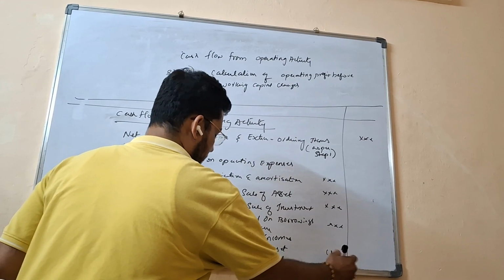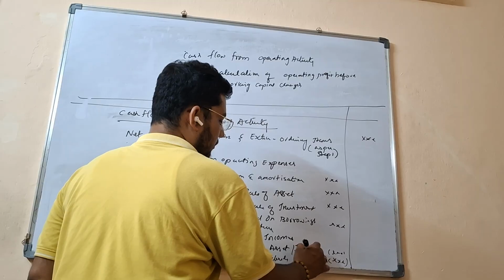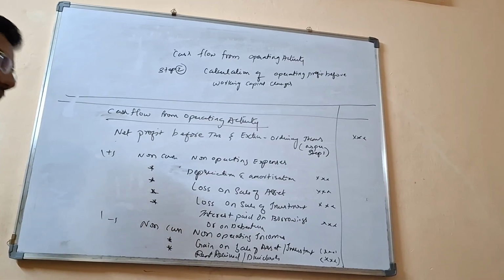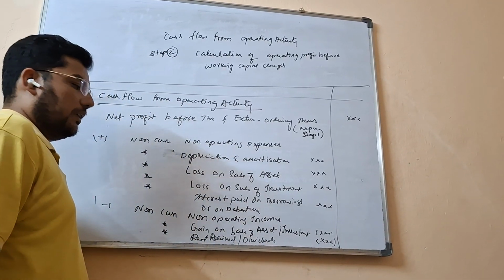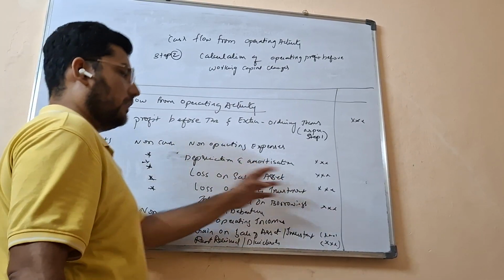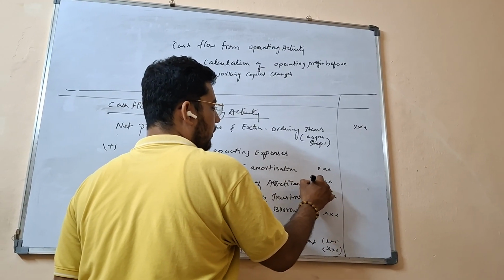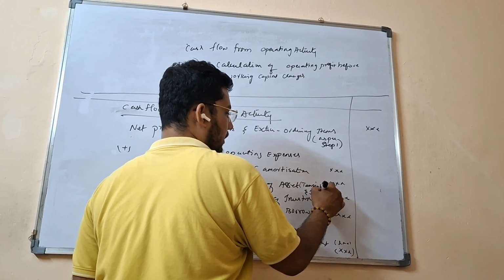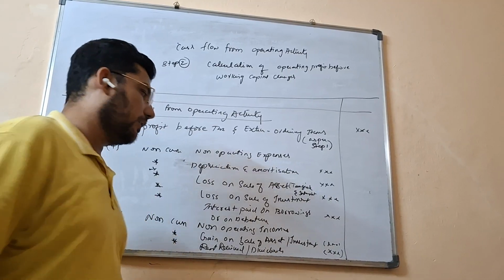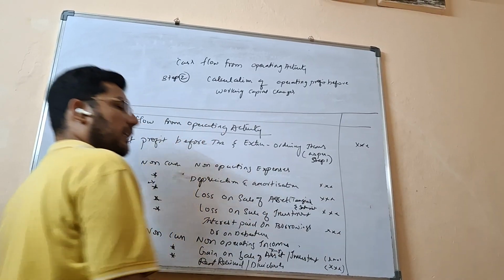Now loss on sale of asset is added or investment is added, but gain on sale of asset, gain on sale of investment is deducted. Rent received, dividends received are deducted. Now there are chances where, sir, loss on sale of asset which I am talking about, it includes both tangible and intangible. And here also gain on sale of asset or investments, when I am talking about, it is tangible assets and intangible assets.